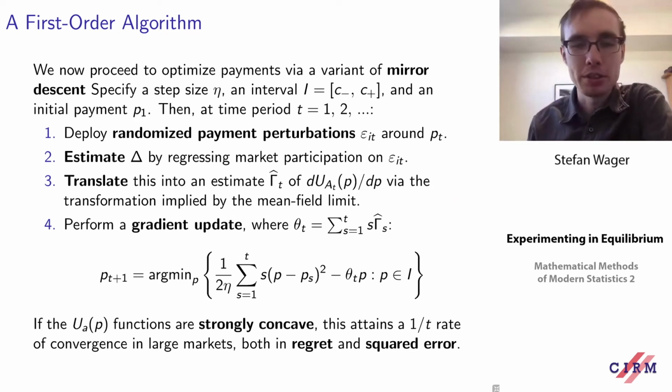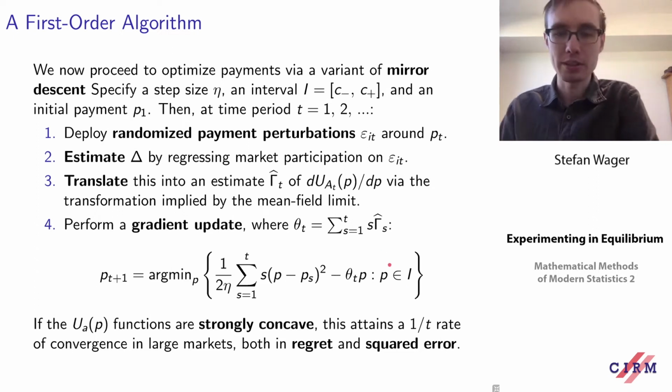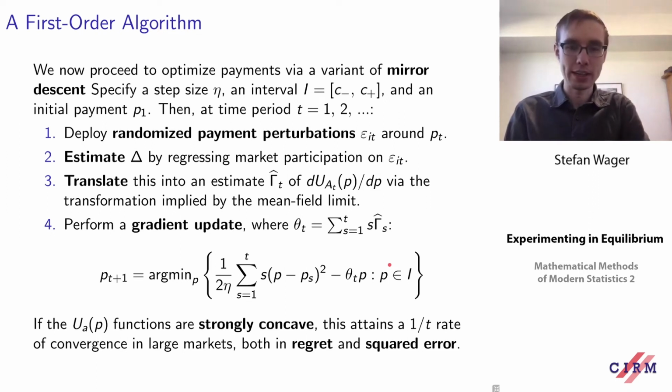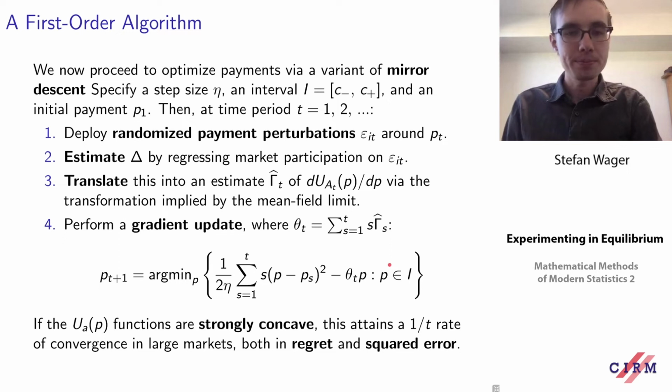I wrote it in this form. This is really just the gradient update rule, except with an added constraint that you stay inside this interval of acceptable payments. If you remove this interval constraint, then this is equivalent to standard gradient descent. This is the algorithm we're going to use to update our payment schemes.